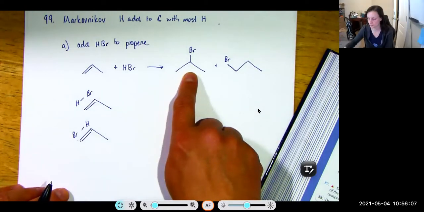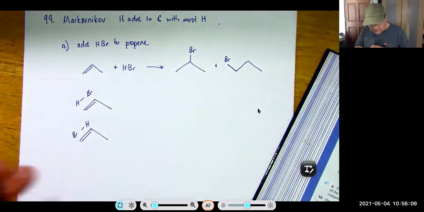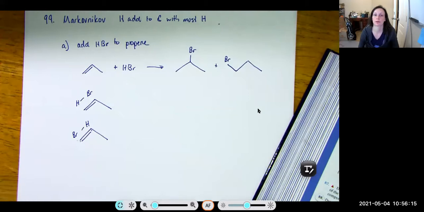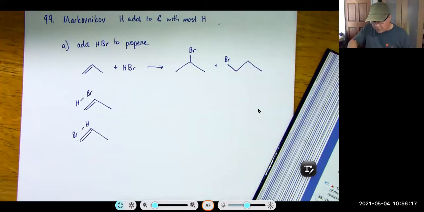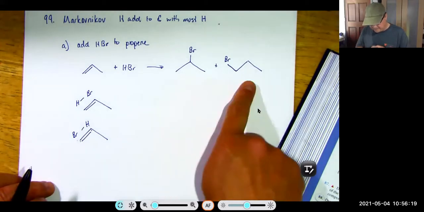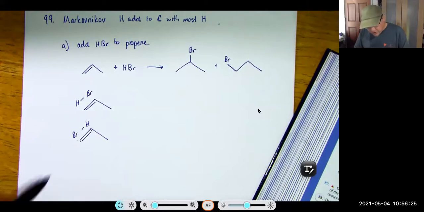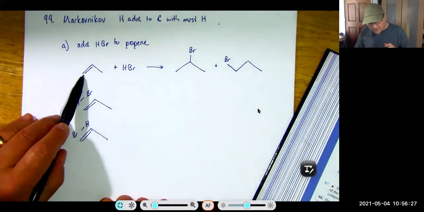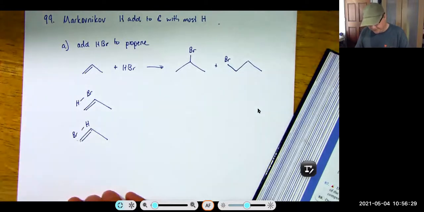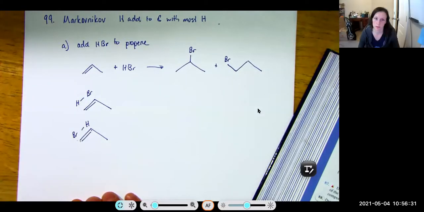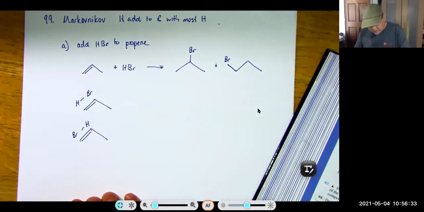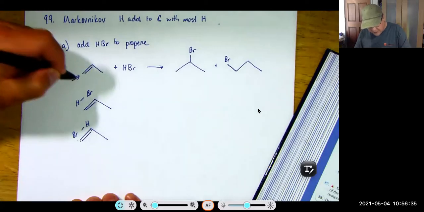Okay, so this is how they would be drawn. Which one would be the major product? The one that had the most hydrogens on the carbon to begin with. Okay, so which carbon, the first one or the second one, has the most hydrogens? The second one. No. This has two hydrogens.